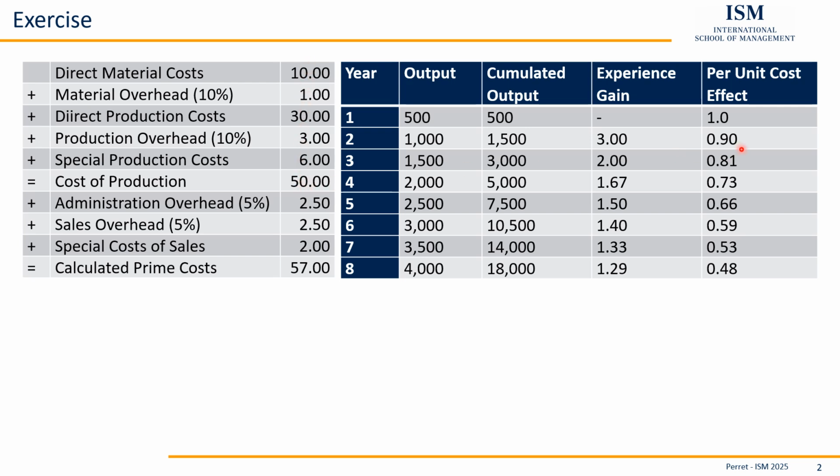So if I switch to the second year, in the first year I still have 100% of original costs. In the second year I only have 90% of the original costs. So I can multiply all of these values up to here with this multiplier of 0.9.